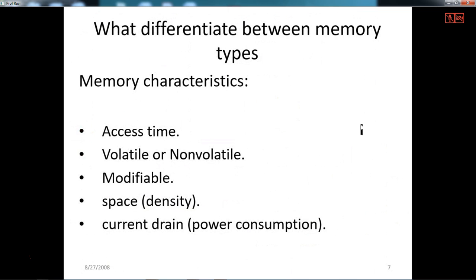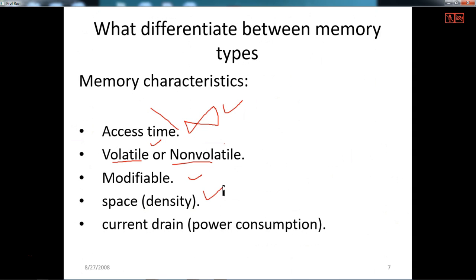Here, why do you have two different types of memories? Here we are talking about RAM and ROM. If you look at the memory characteristics, the memory access time of RAM is very small; within no time, the RAM responds to the microprocessor. But SRAM is volatile, meaning when the power is off, the content will be erased. So memories can be volatile or non-volatile, and modifiable.